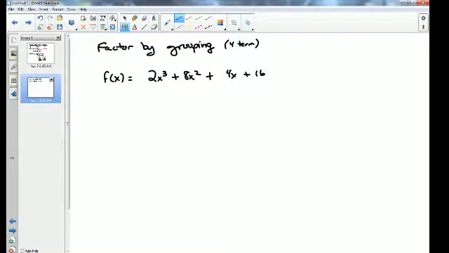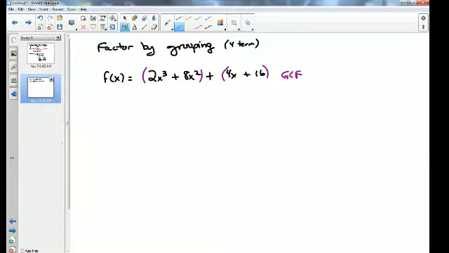The key here is that you group these and factor each of those with a greatest common factor. So we're going to greatest common factor these two, with the goal of ending up with the same thing in both parentheses.